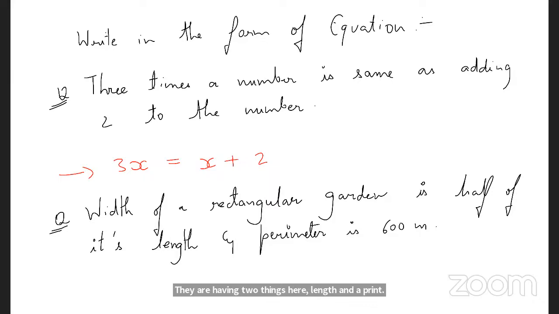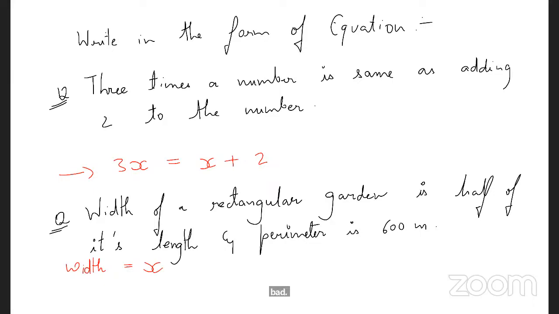So let's assume that the width is x. Now it's saying that width is half of its length, so length is 2x.